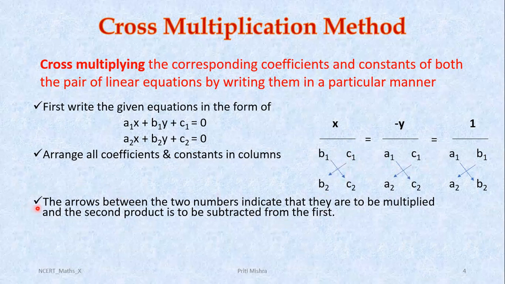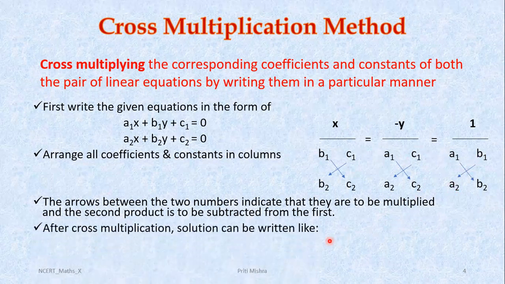What it means is that the arrows between the two numbers indicate that they are to be multiplied and the second product is to be subtracted from the first. So these two numbers you multiply and these two numbers you multiply. This is the first product, b1c2 minus b2c1. And here you will have a1c2 minus a2c1, and a1b2 minus a2b1.